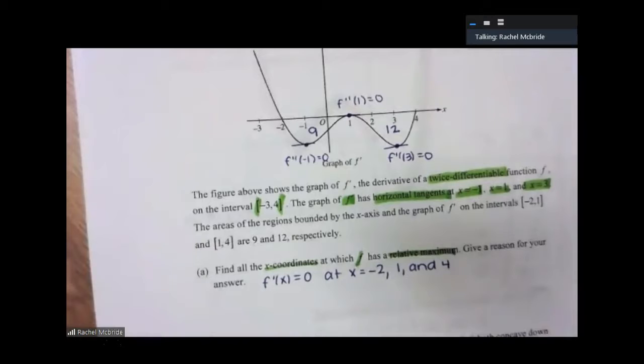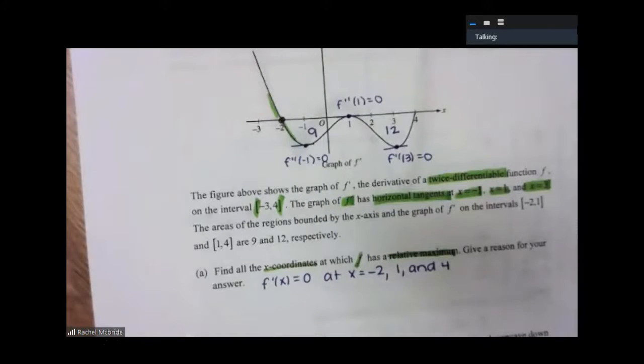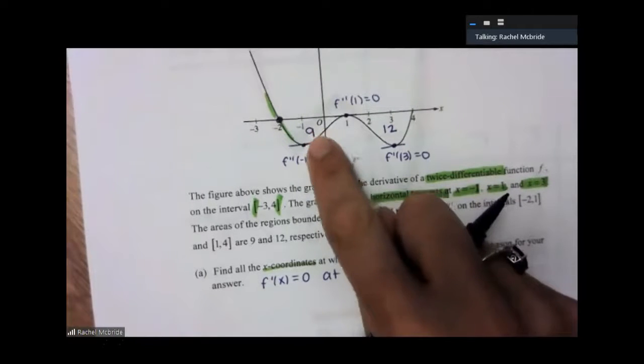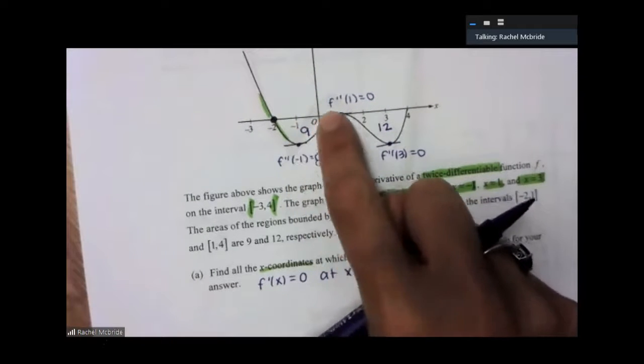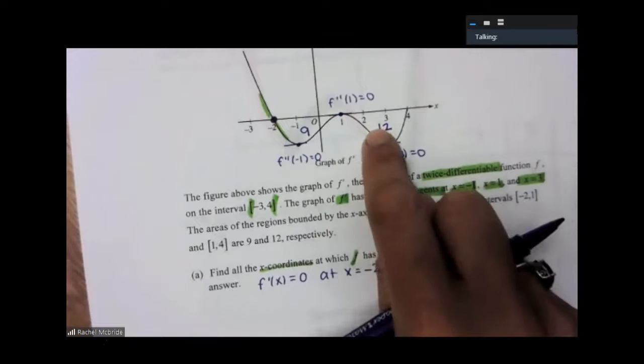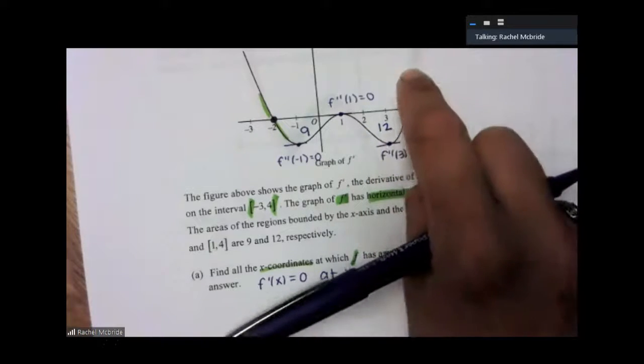However, the only point that it equals 0 and goes from positive to negative is at -2. Because here it stays negative, so that's not an extrema. And here it goes negative to positive, so that would be a min.